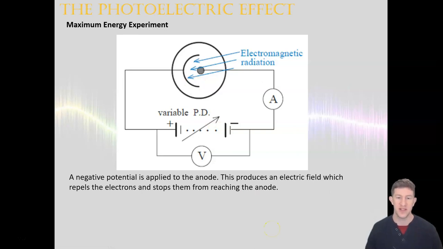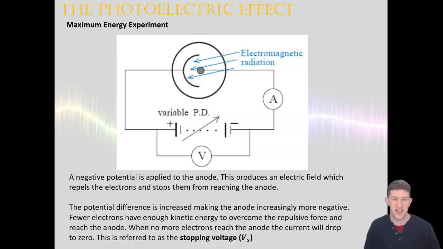White light that's been passed through a filter, or light of a single frequency, is used to illuminate the cathode. A negative potential is applied to the anode, which produces an electric field which repels the electrons and stops them from reaching it. If you think of a Star Wars analogy, it's like generating an electric force field around this anode so that the electrons don't reach it.